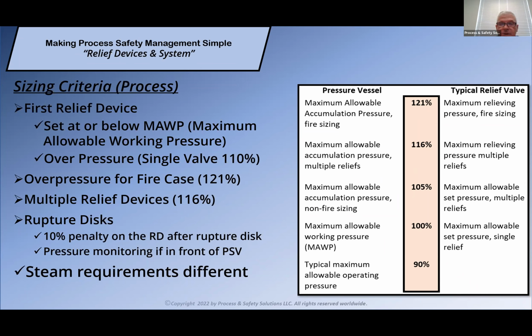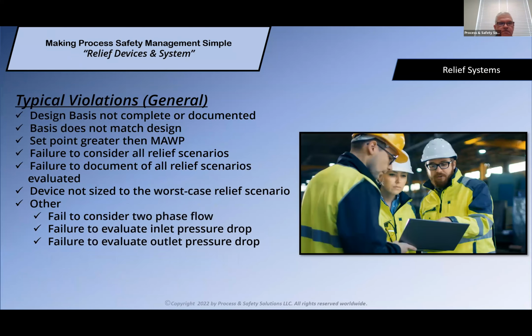And you must have some type of pressure monitoring, as we discussed earlier, in front of that PSV or downstream of that rupture disc. And again, steam requirements are going to be a little bit different. So this table, as you see to your right, is only for process.